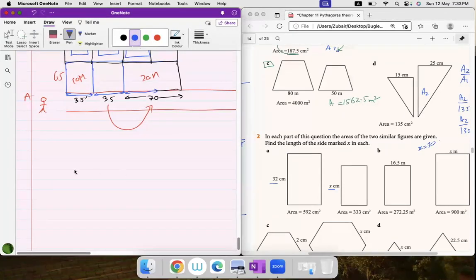Whenever there are decimals, we are using the calculator. So we will just keep it as it is. We know A1 is 272.25, A2 is 900, and we know length 1 is 16.5 and length 2 is x.